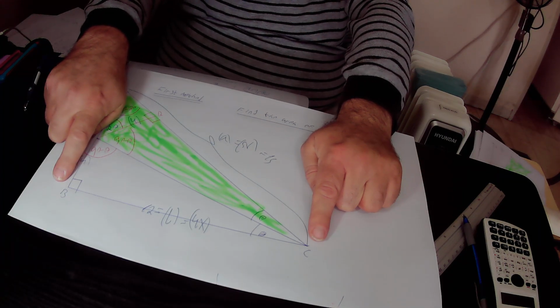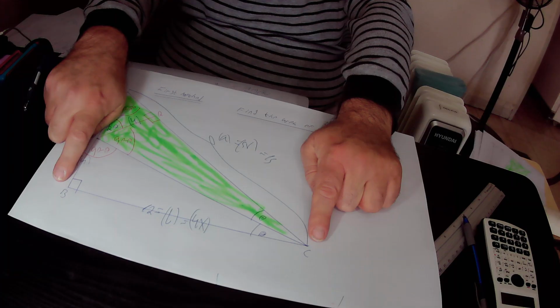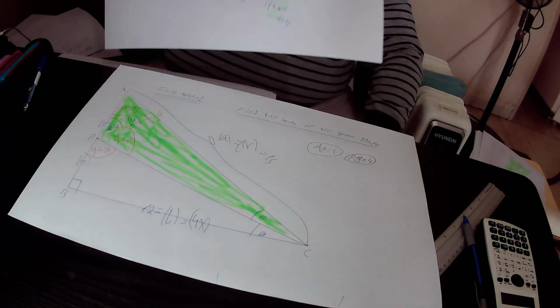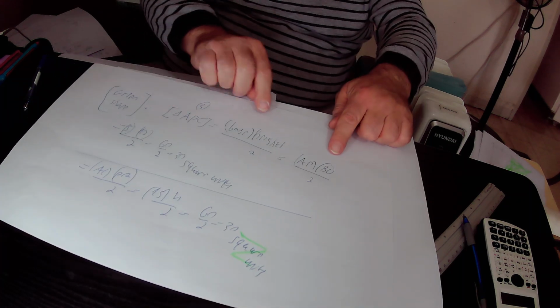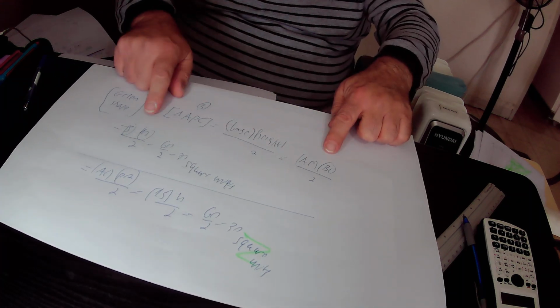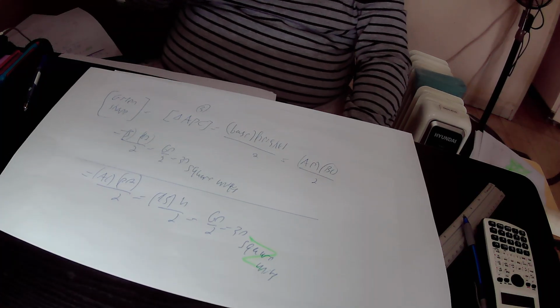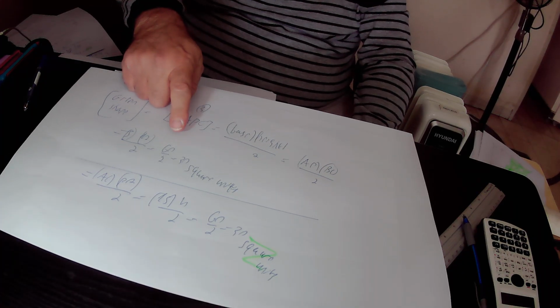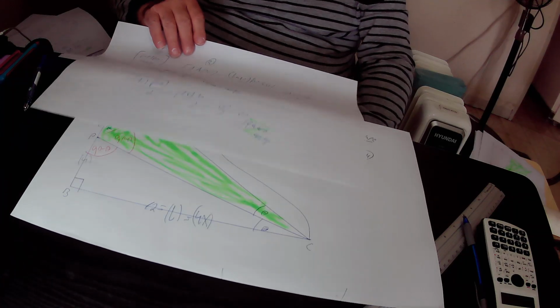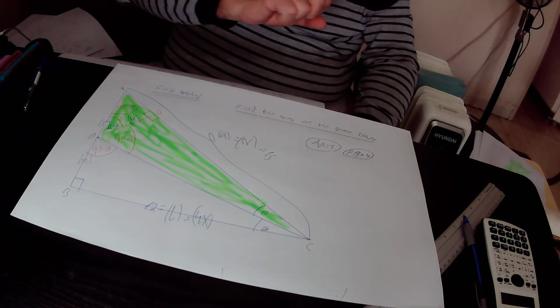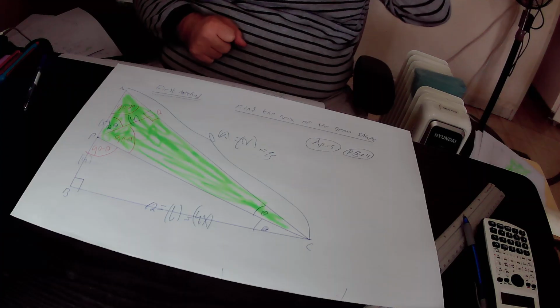X is 3, therefore 4x is 4 times 3, which is 12. So in total BC equals 12. The area equals 5 times 12 over 2. 5 times 12 is 60, and 60 over 2 is 30. So we found that the area of this green shape equals 30 square units.